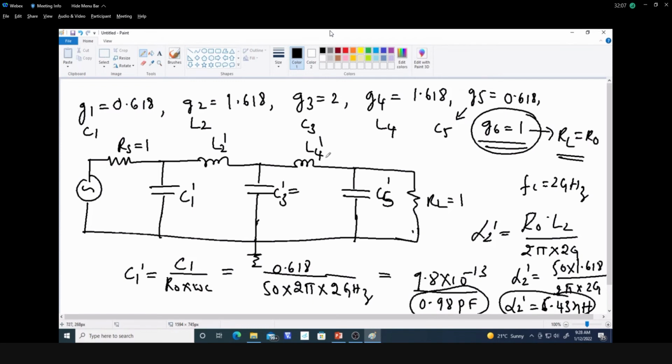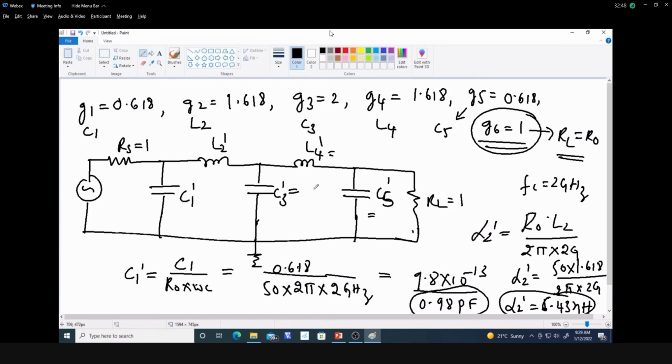Similarly, find out C3 dash, L4 dash, and C5 dash. What is C3 dash? Here it is 2 divided by 50 into 2 pi into 2 gigahertz.